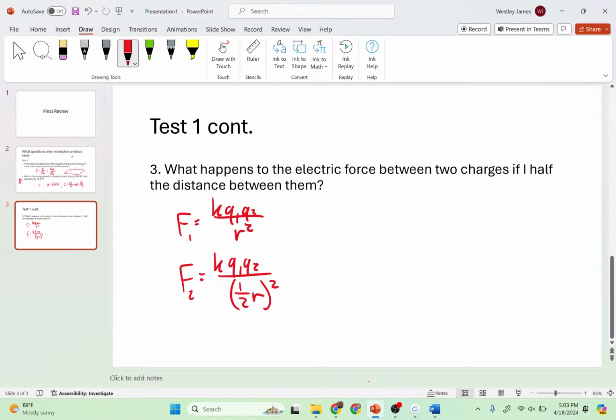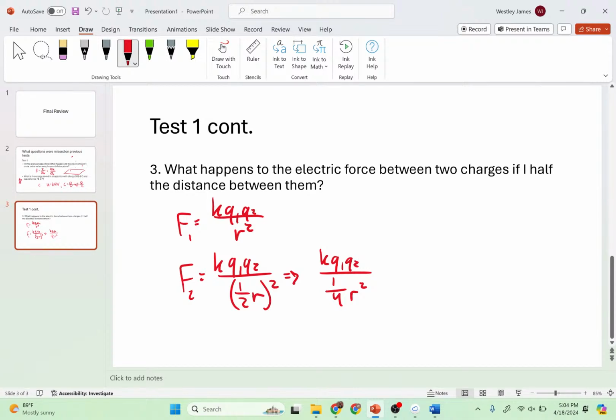Why? Because if my original R was 1, let's just say R1 was 1, R2 is 1/2. 1 squared is 1. 1/2 squared is not 1/2. It's 1/4. So whatever happens to R needs to also get squared. And this always throws people off. So we'll do this in steps. So that turns into 1/4 R squared.